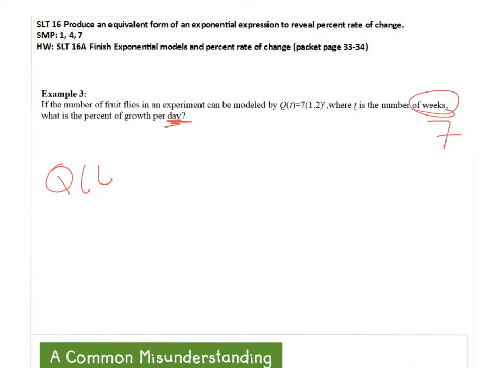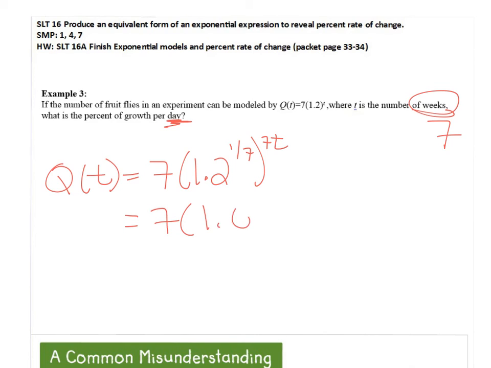So we're going to take our equation and convert it to days. Now I need to do 1.2 to the 1/7.